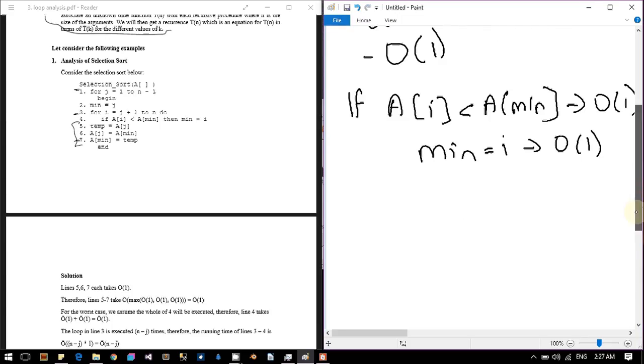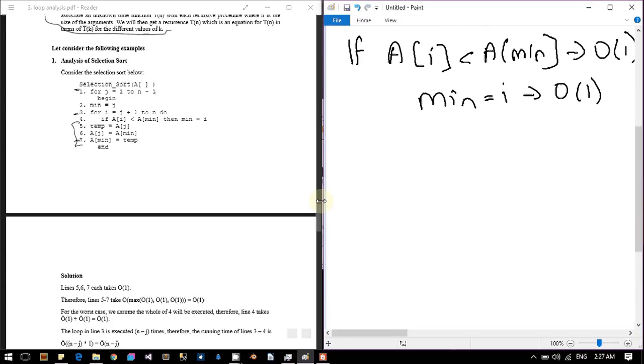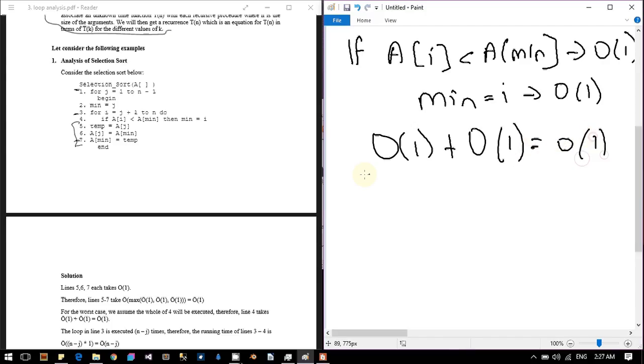So this if statement is order 1 plus order 1. That is the order of the if statement plus the order of what is inside, and that's order 1. So line 4 is of order 1.